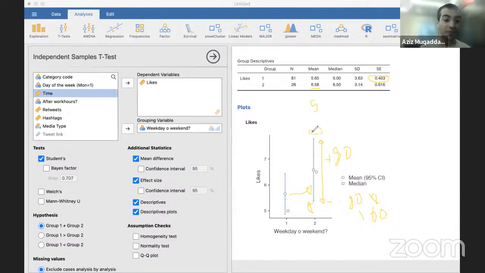Right. So what this plot is showing you is that anything between 5 and 8.2 would be considered within the normal distribution of this group. So any fluctuation between these two points would be considered a random fluctuation and not a systematic difference, due to just the sample size and the standard deviation, right?